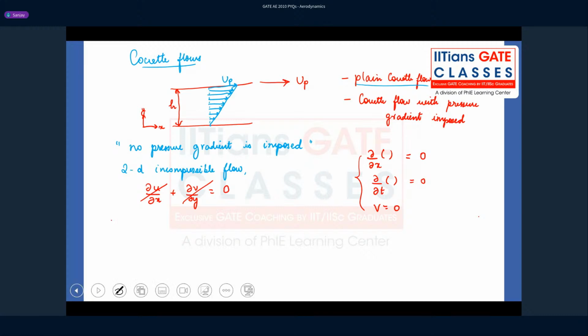Now let's apply the x momentum equation. What is the x momentum equation, guys?